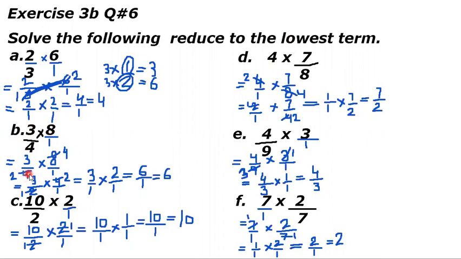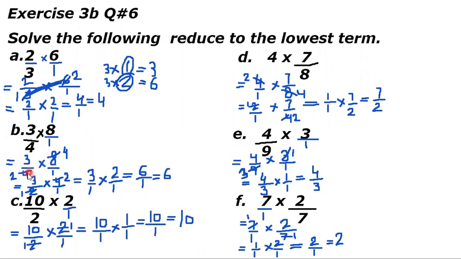Now we will check diagonally or in cross. 4 is the denominator of first fraction and 8 is the numerator of second fraction. 3 by 4 is first fraction and 8 by 1 is second fraction. We will check the denominator of first fraction and numerator of second fraction. 4 and 8 both are the multiples of 2, or 2 is the factor of 4 and 8.